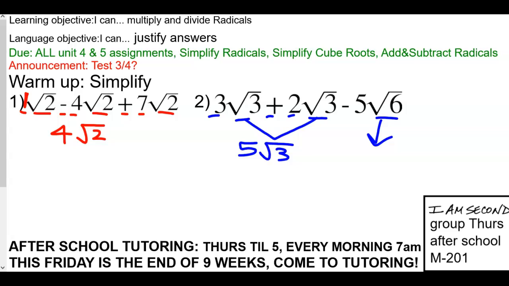And then that minus 5 square root of 6, don't forget the minus, bring it down. Minus 5 square root of 6. There we go. Cool.